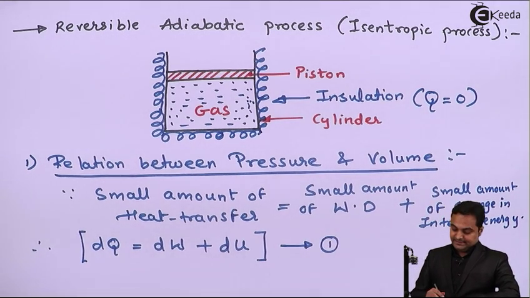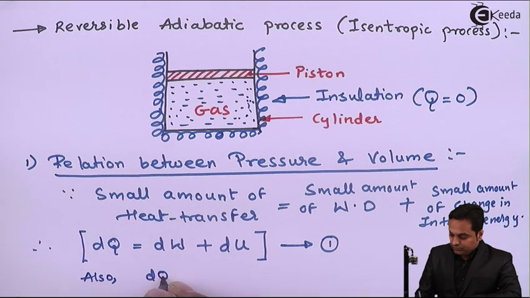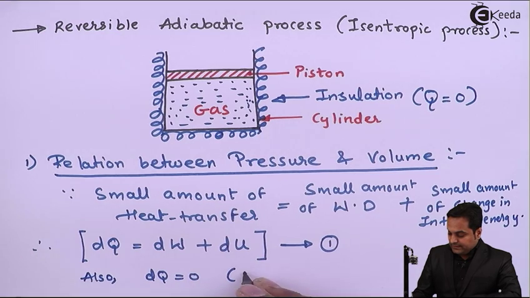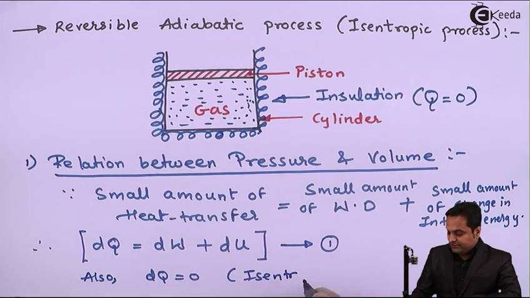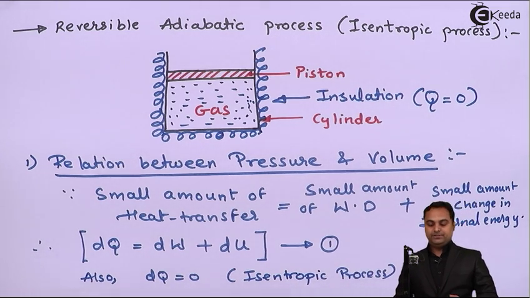now I can say that also the heat transfer is zero because it is the isentropic process or the reversible adiabatic process, in which there is no heat transfer either from the system or to the system.